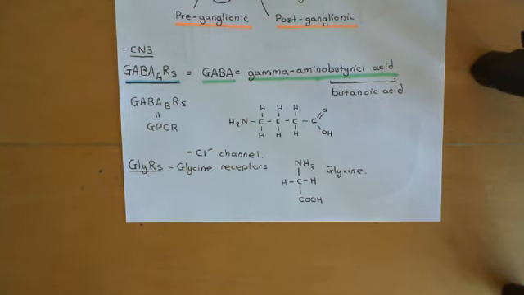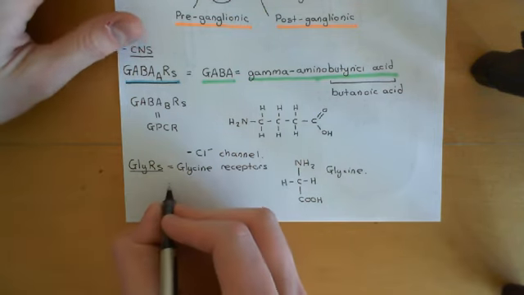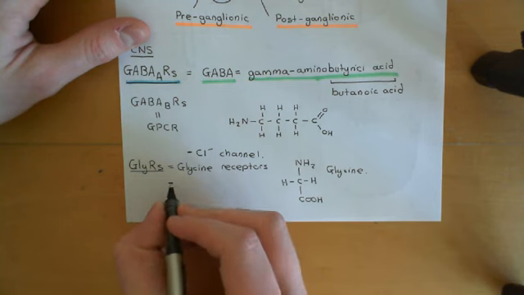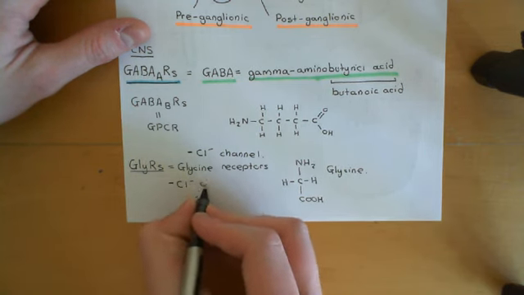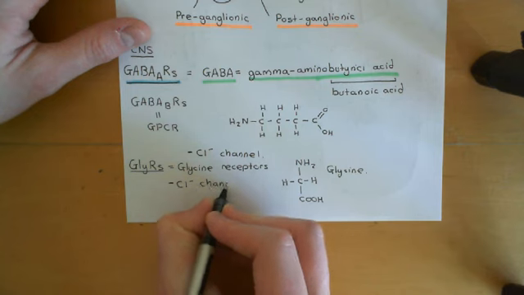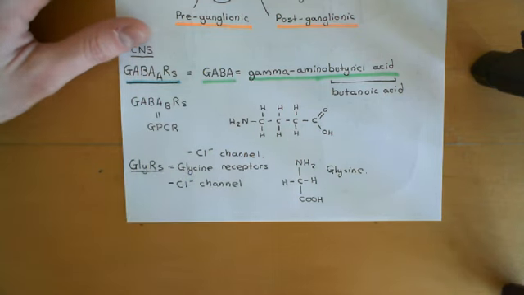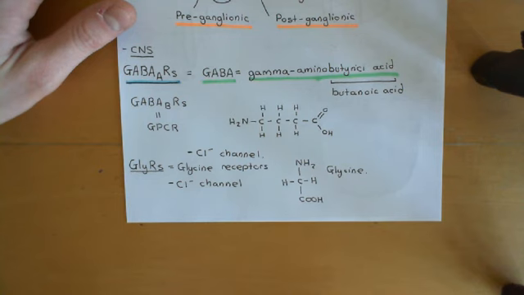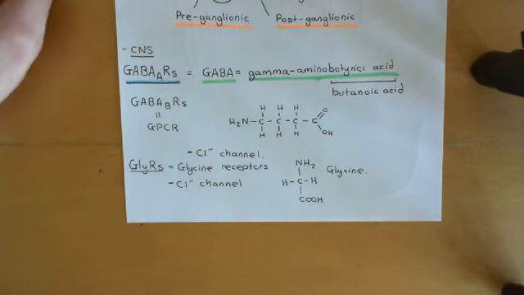Specifically they can inhibit alpha motor neurons, and that's going to be important in hyperekplexia. Again, when they open in response to glycine binding, they open a chloride channel, and that's how they can deliver this inhibitory current to the postsynaptic cell, and therefore make it less likely that the postsynaptic cell is going to fire an action potential.